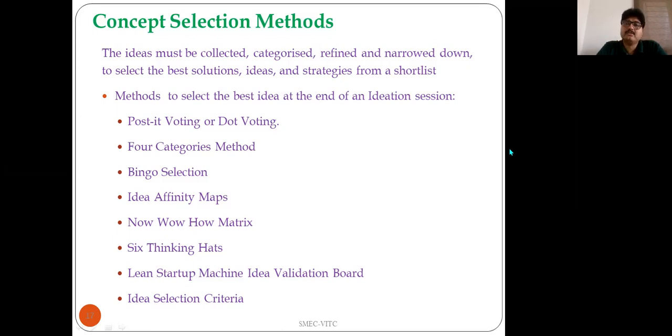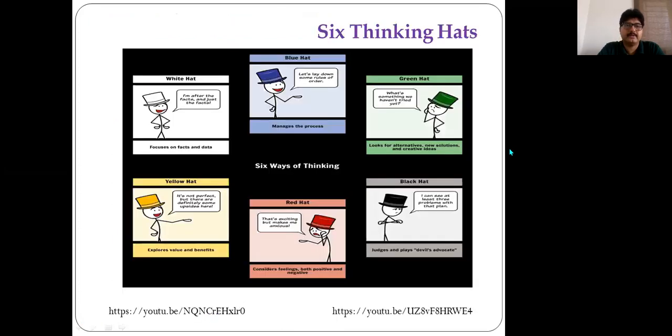We'll look at a few of these concept selection practices and see how far we can use them in the concept development process, which we are doing for your J component projects and in other places where you come across new product development.